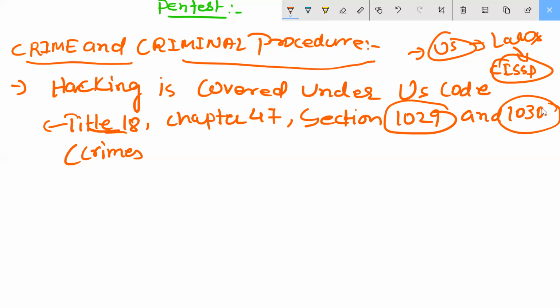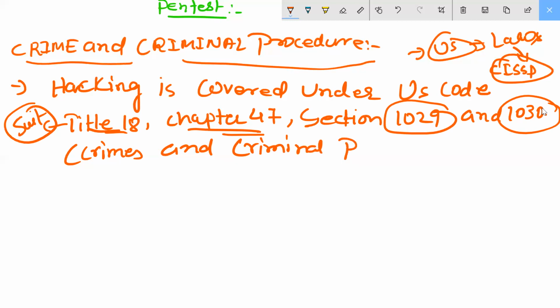That is called the title. Title will be 18, and the chapter will cover crime and criminal procedure, hacking covered.